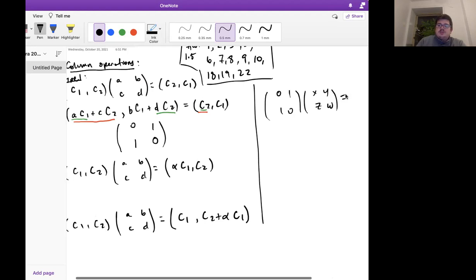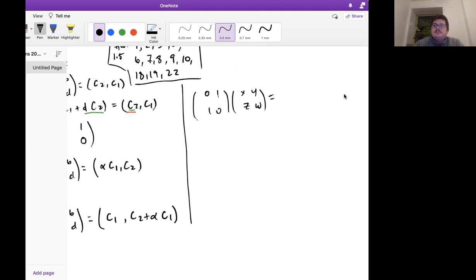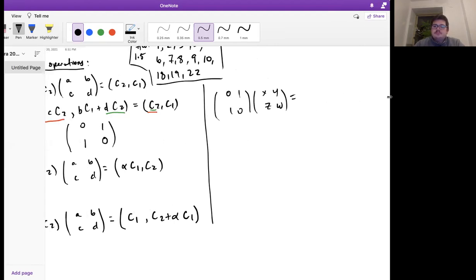What does this matrix do to the matrix x, y, z, w? Swaps what? So in this case, is it row or column? Rows, yes.